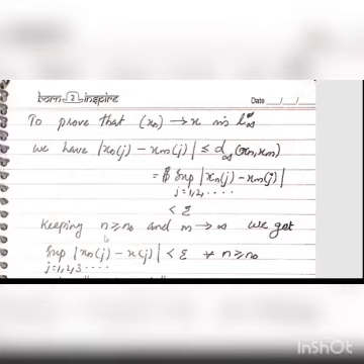Now keeping n greater than or equal to n naught and m tends to infinity, what will we have? If m tends to infinity, it converges to xj, right? So keeping n greater than or equal to n naught and m tending to infinity, we get the supremum of mod of xnj minus xj is less than epsilon for every n greater than or equal to n naught.